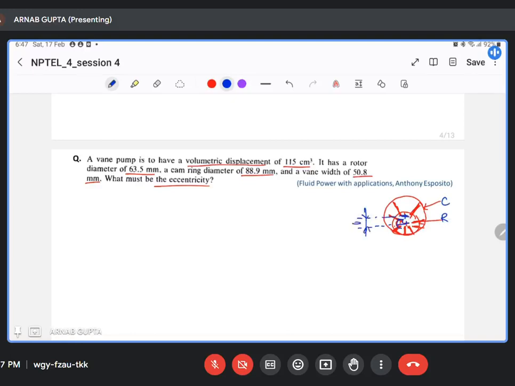And as we already discussed in the previous class, we took up a similar numerical. For practice, we are doing it once again.